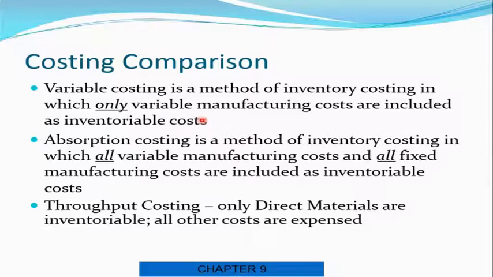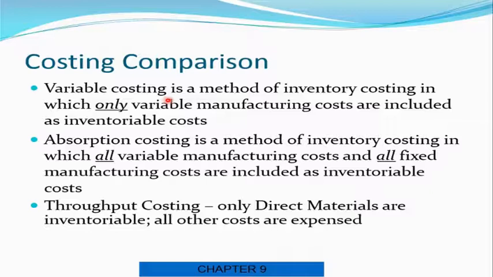What are they? First direct materials, second direct labor, third variable manufacturing overhead. Then we concentrate on manufacturing cost, but only the variable one.